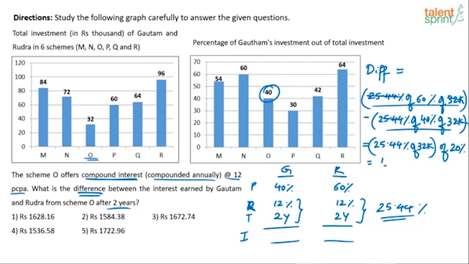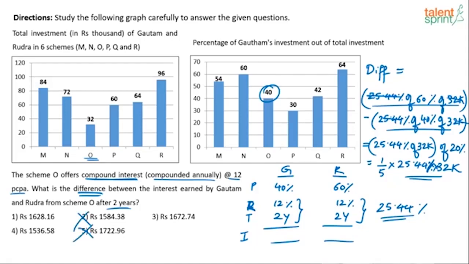So your final answer is going to be 1/5. 20% is 1 by 5. 25.44 by 5 is roughly 5%. What is 5% of 32,000? 10% is 3,200. 5% is 1,600. Slightly more than 1,600.